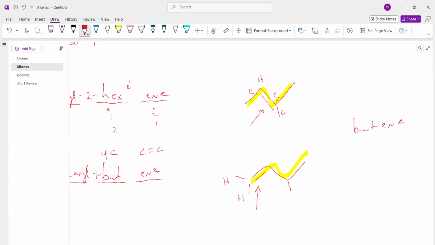Because if we looked at this, this is going to be a butene. In fact, let's simplify this a little bit. Let's not have a branch there. Okay, so both of these are a butene.